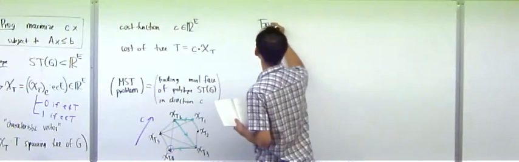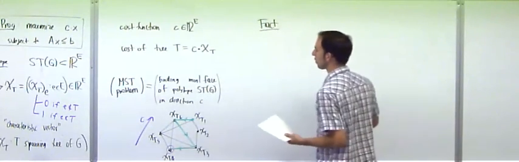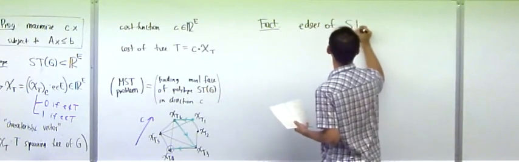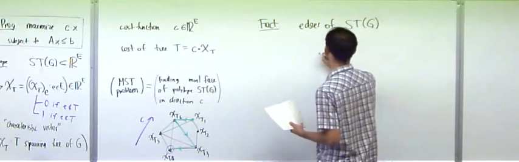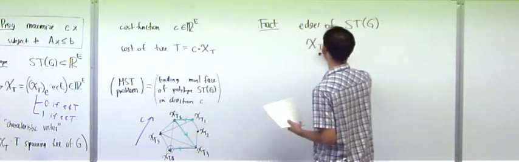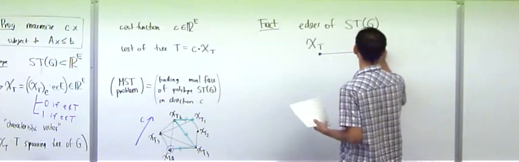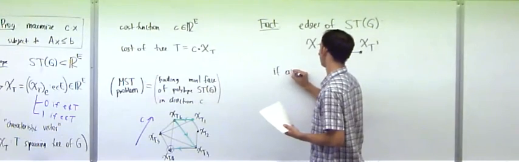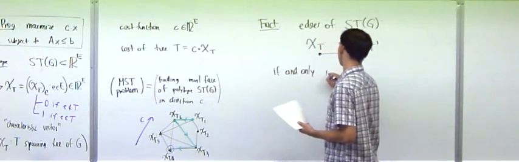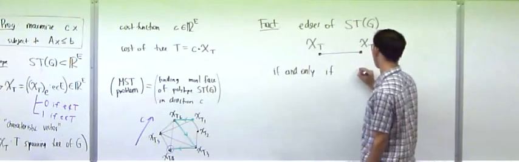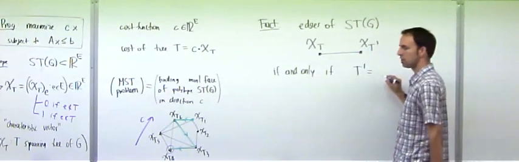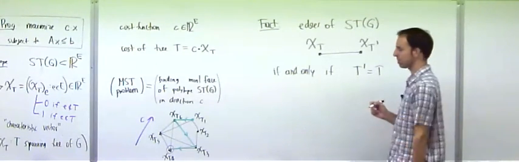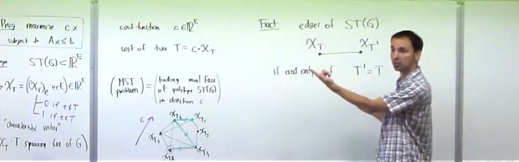So here's a nice fact about this spanning tree polytope, that the edges of the spanning tree polytope look like this. You have an edge between two trees if and only if you can obtain the tree T prime from the tree T by deleting one edge and adding one edge, which is precisely the kind of thing we were doing here.